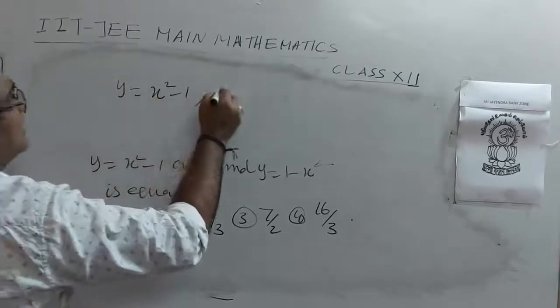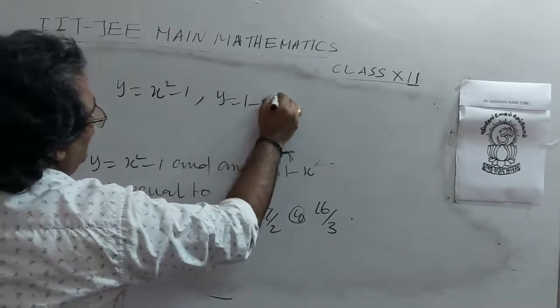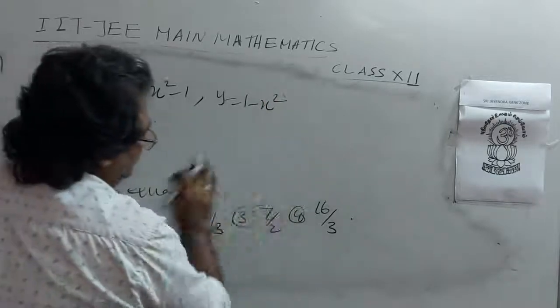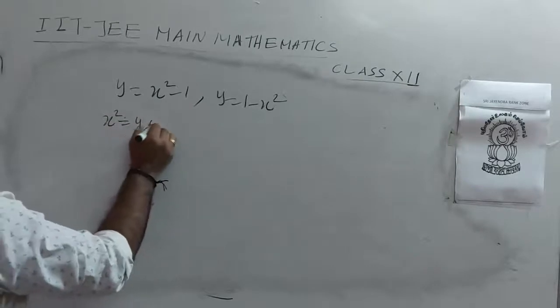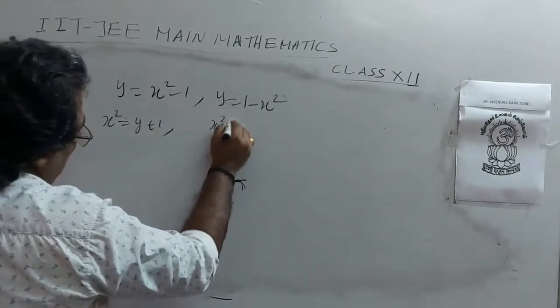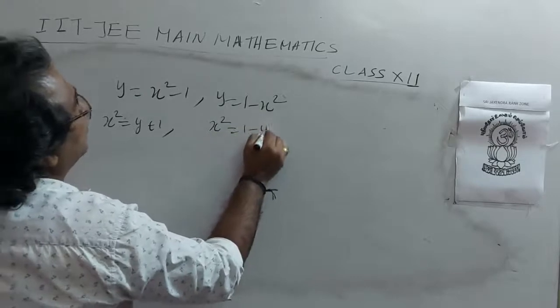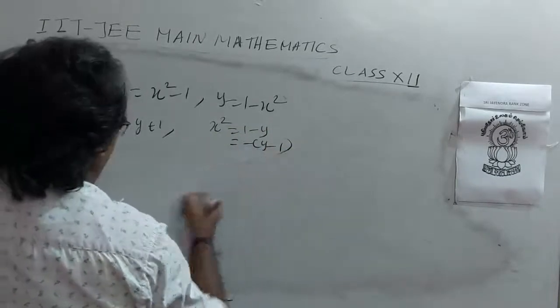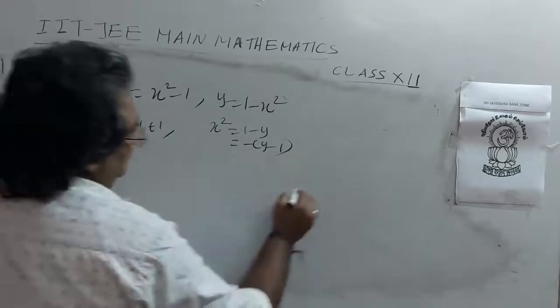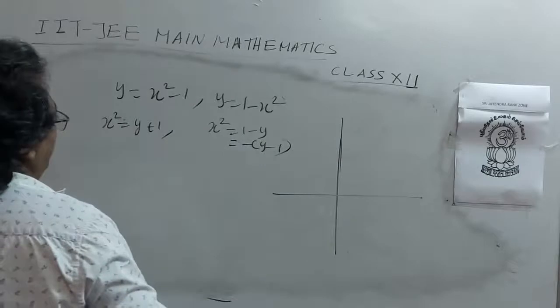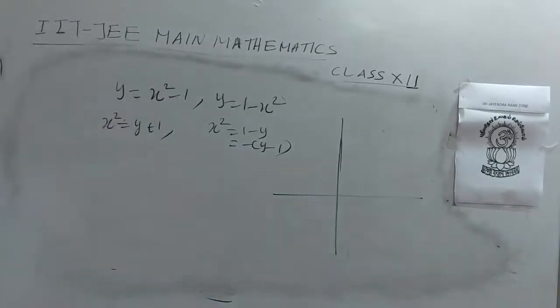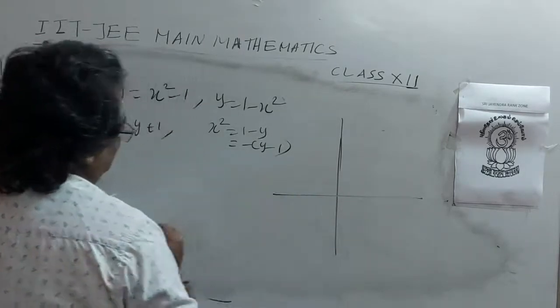Y equal to x squared minus 1, y equal to 1 minus x squared. So x squared equal to y plus 1, and x squared equal to 1 minus y.